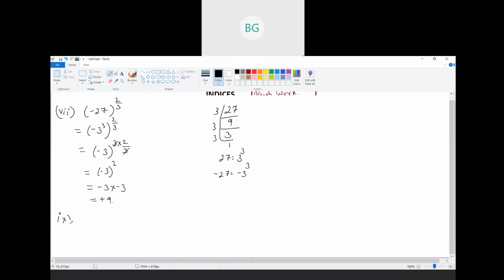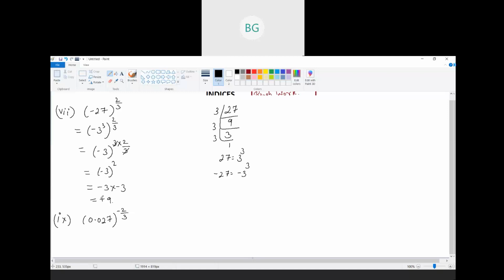Okay. So next, the ninth one we will do. This is given as 0.027 raised to minus 2 by 3. Now here we have the number in decimal. So what we can do is first write this decimal number in fraction form.